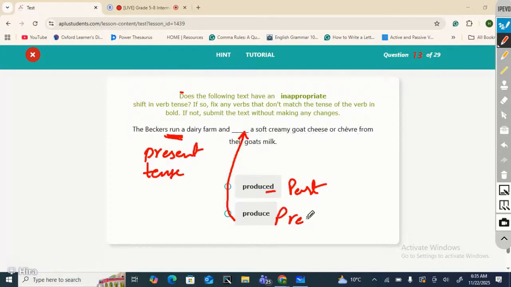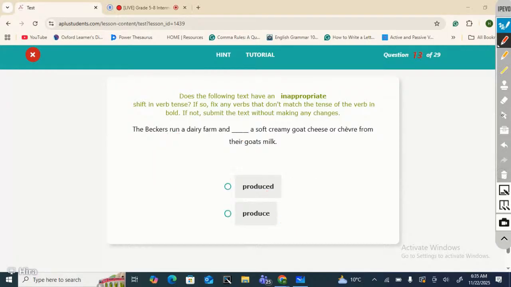So you need to add a present tense verb here because the first verb is also in present tense. So option two is correct.